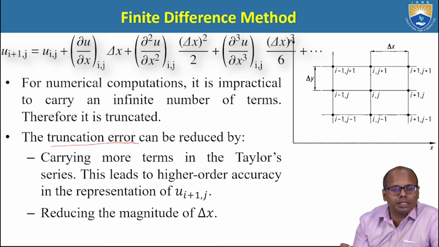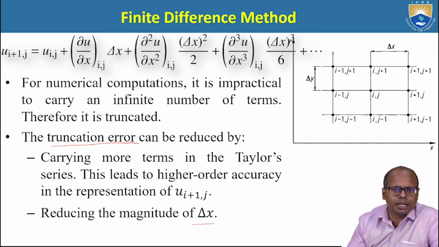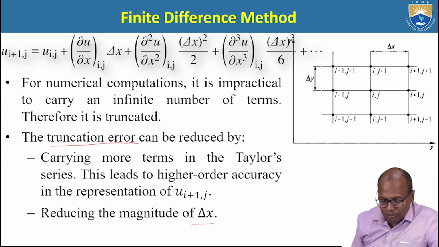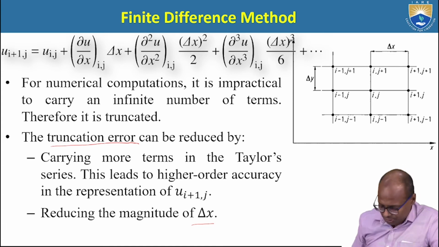Either you reduce the truncation error, or in other words, increase the accuracy. So how to reduce the error or increase the accuracy? By reducing the delta x or taking as many higher order terms as possible. The same thing we are doing here, we are seeing in a different direction.